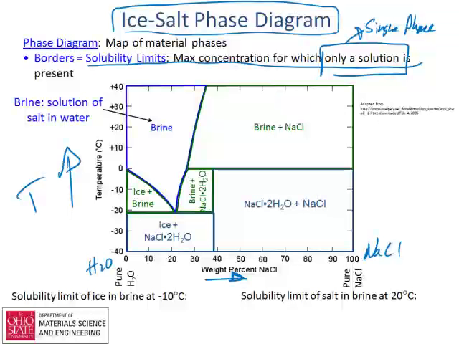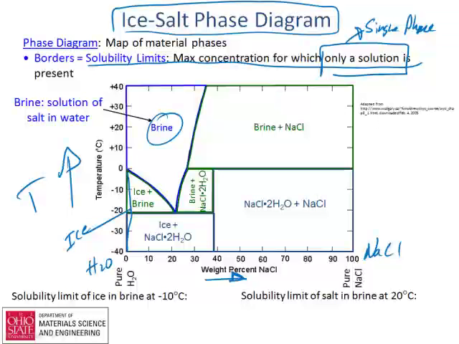So the single phase regions on here: this is brine. This is basically a liquid, just salt water is another name for that. Along here, there's another single phase region that has very little solubility, but this would be just pure ice. Ice can dissolve very little sodium chloride in it.